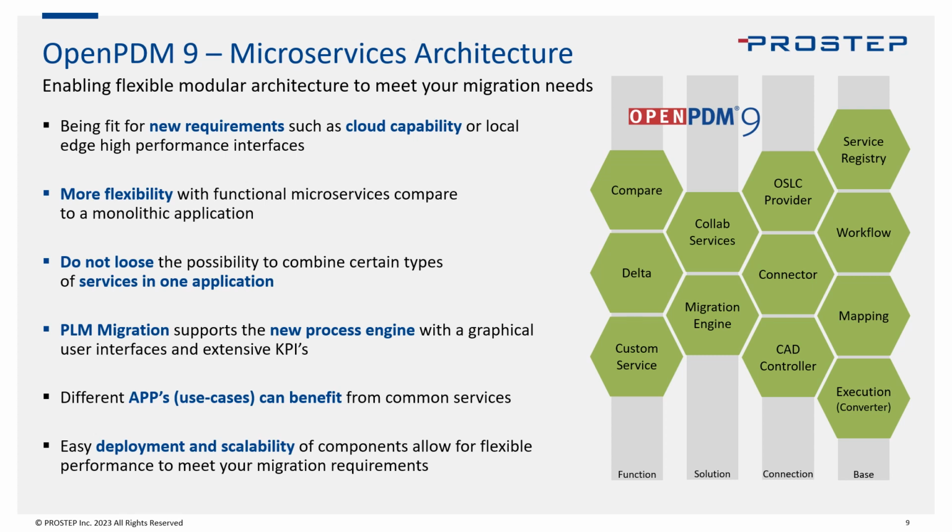We got different services for doing delta comparison, for mapping, for batch process translation, a registry service so that you know where all the different components are, and all the different connectors. You can say, oh, I've got X amount of connectors, well, I can go through and see which one's free, and then process more data through that one.